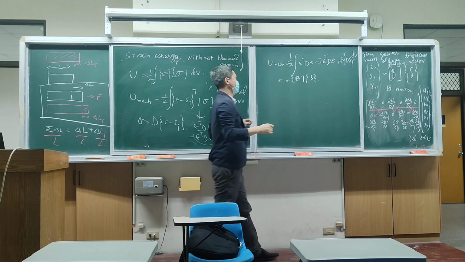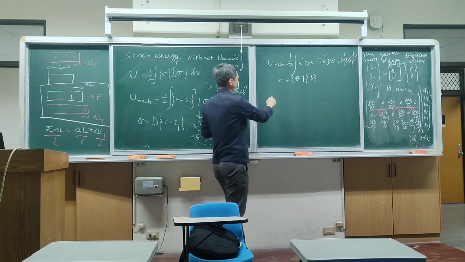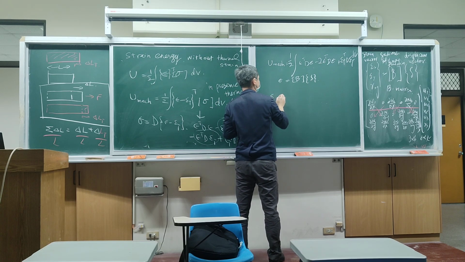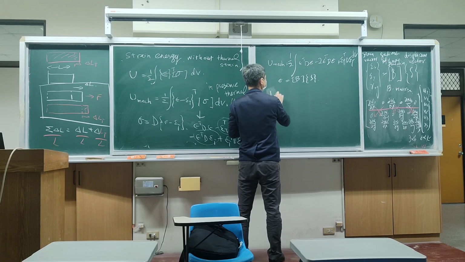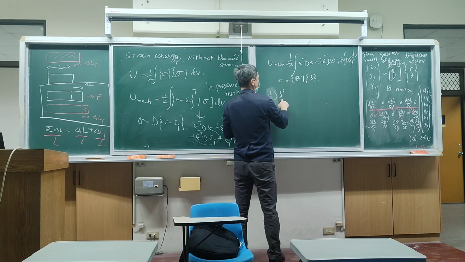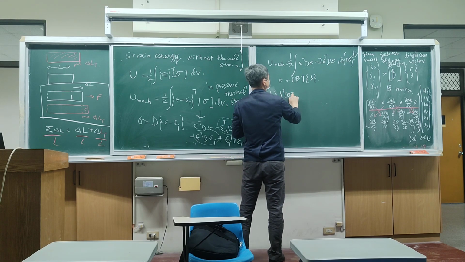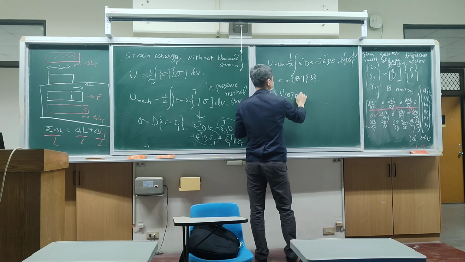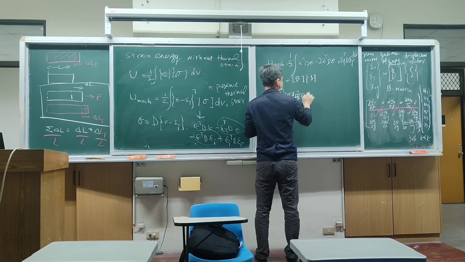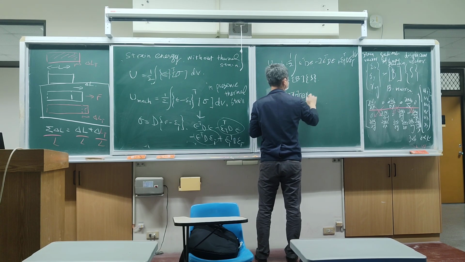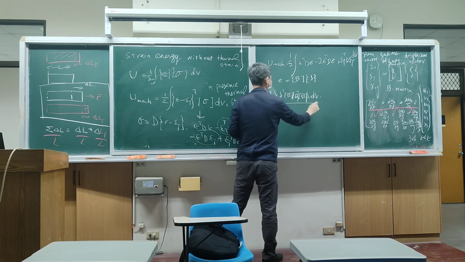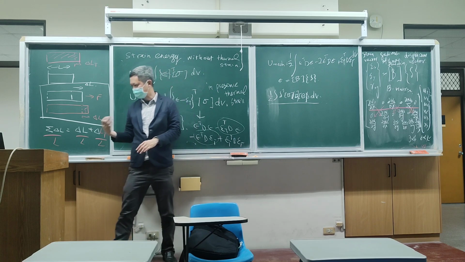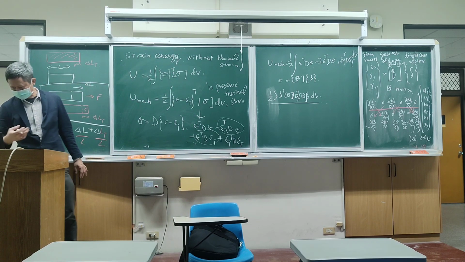OK，所以第一项我们来看，第一项就是你的。So what is the first term? The first term is half displacement transpose, then B transpose D B, and then displacement. Okay? So what is this term? So if you recall, what is this?